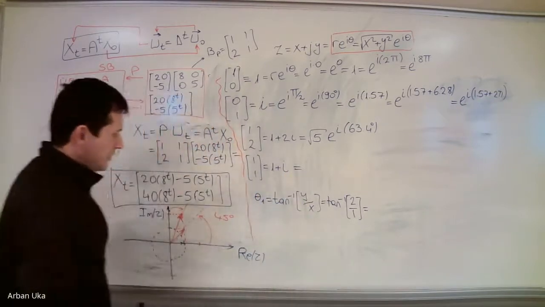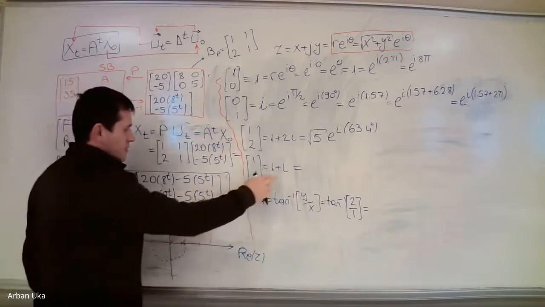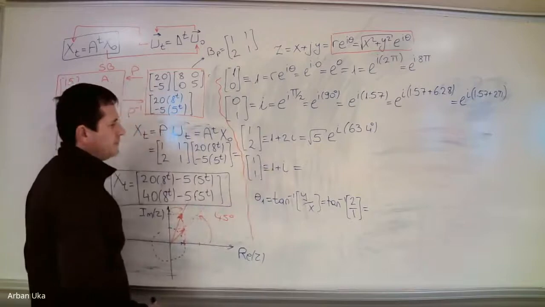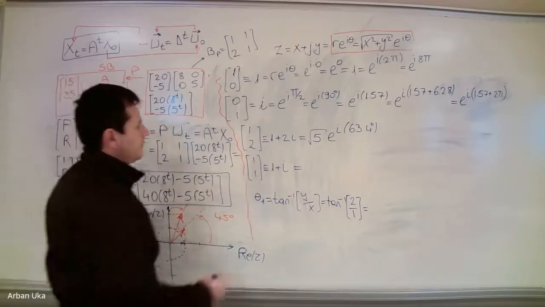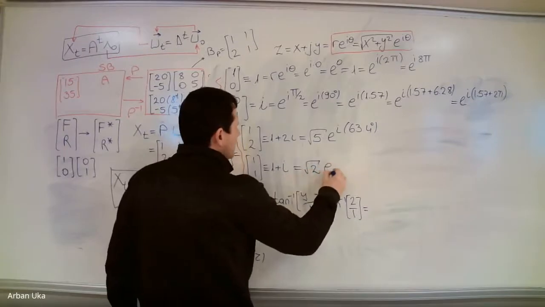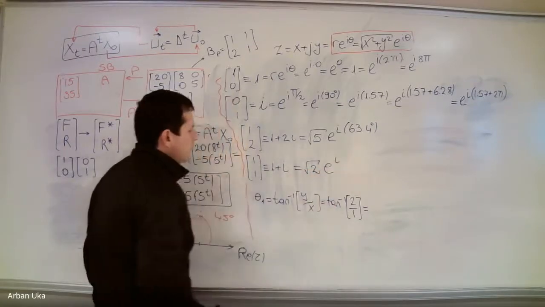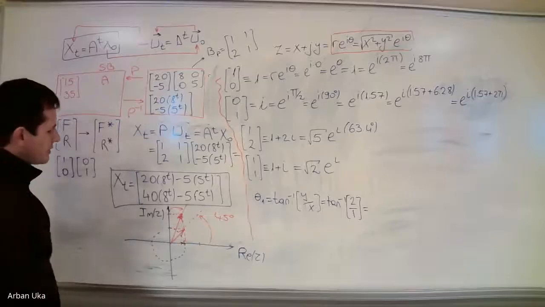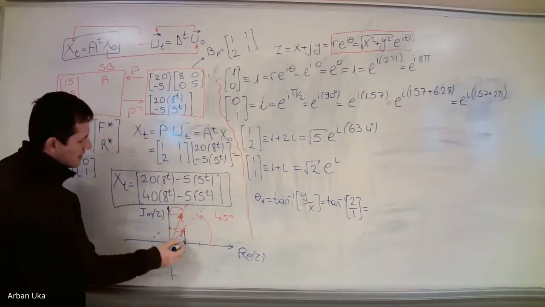Then let's look at this other number. What is the modulus of this complex number? Square root of 2. That is true. Square root of 2 e to the power i. What is the angle? 45 degrees. That's true because it's (1, 1), so this side is equal to this.